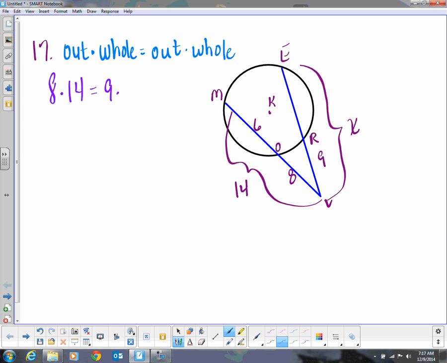What's the whole? Okay, so if we multiply 14 and 8, I think we get 112 is equal to 9x. Who's got a calculator to tell me what 112 divided by 9 is? What is it? 12.4.